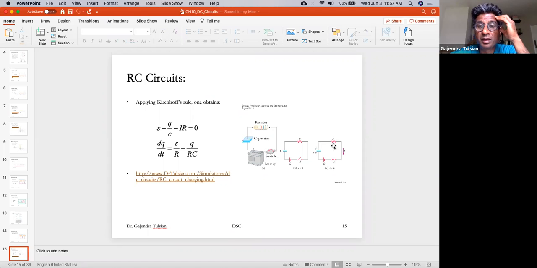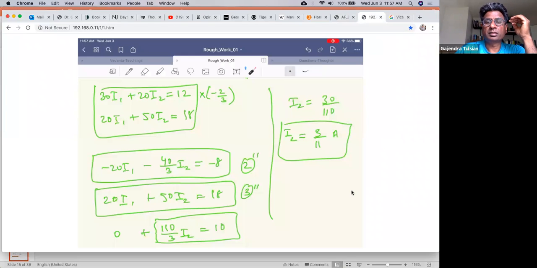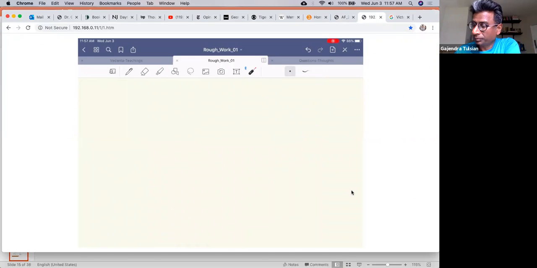Now the current in the circuit is equal to the rate of change of charge on the capacitor. Let's go to the chalkboard.